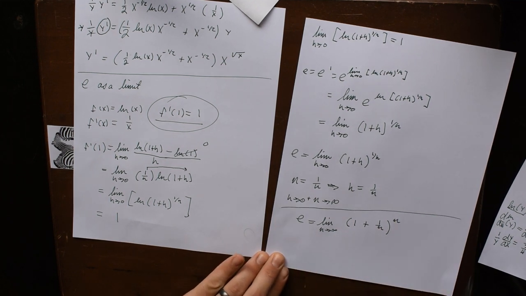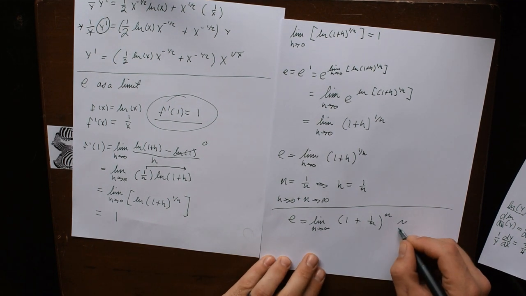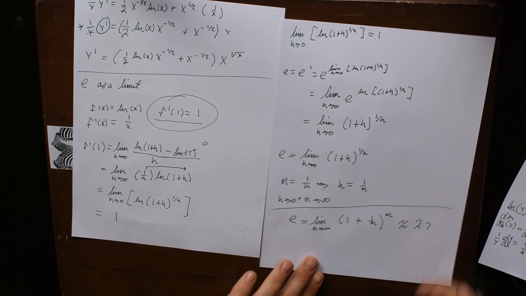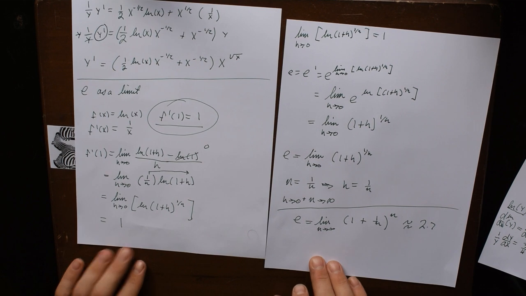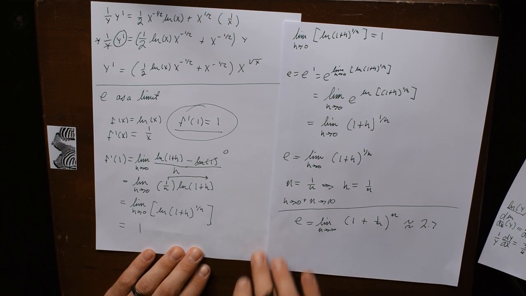And this is another way that we can define the letter e. This is approximately equal to about 2.7. Another interesting way e keeps on showing up in mathematics.